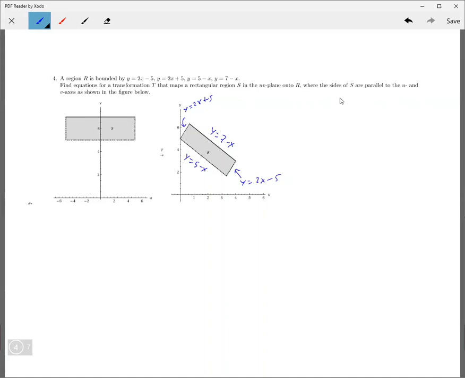Where to start here? Over in this one, this is bounded by v equals 5. This is v equals 7. This is u equals -5, and this is u equals 5.